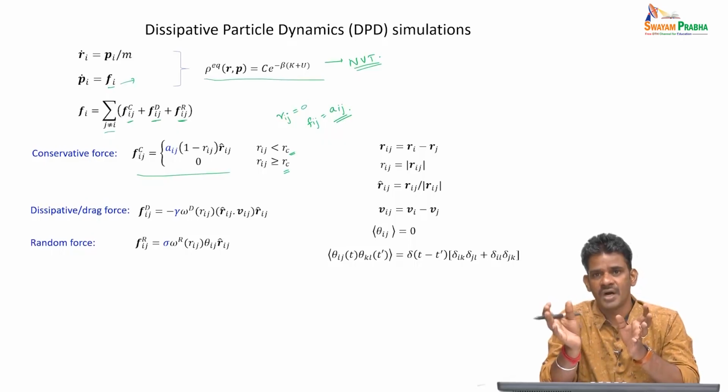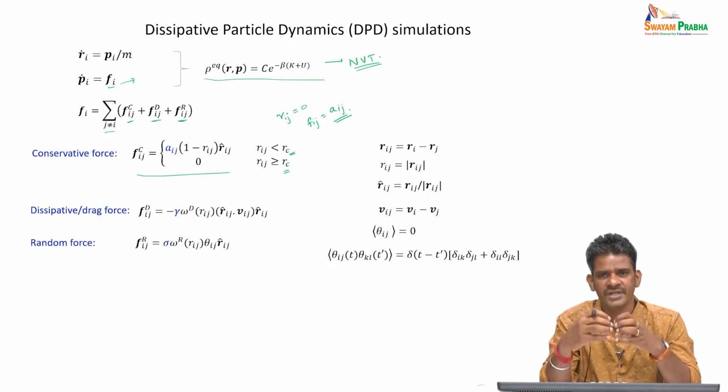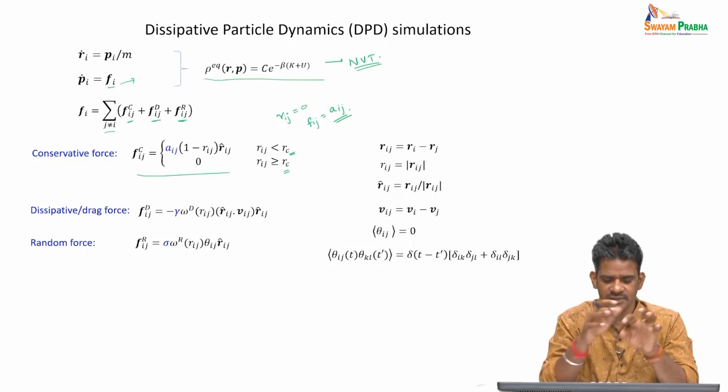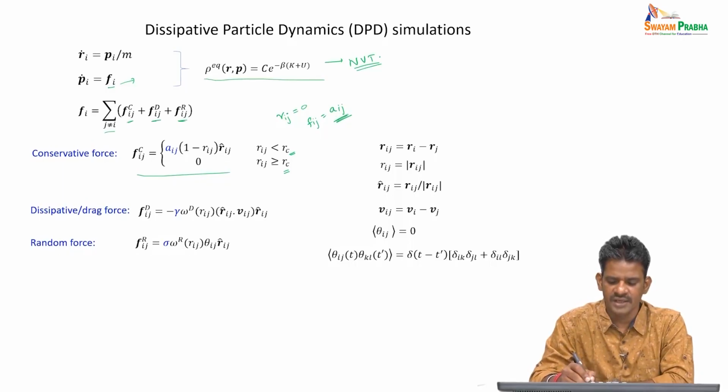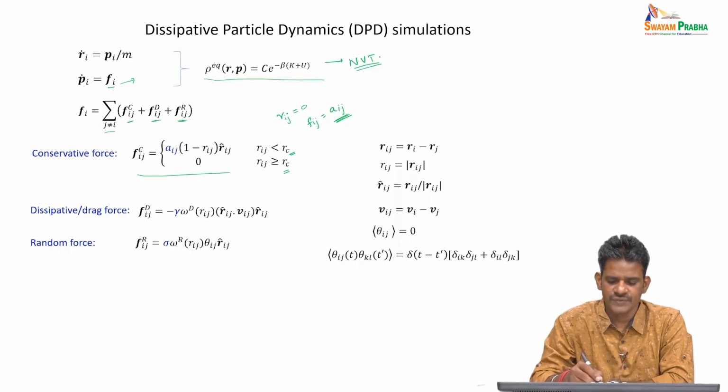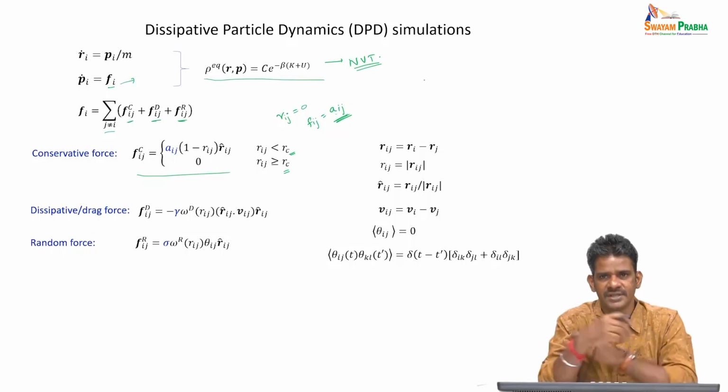This is very different from the hard sphere model, because in the hard sphere model the moment they touch, the potential goes to infinity, whereas in the soft sphere model we allow finite overlaps. In fact, when Rij is equal to 0, we are talking about two particles sitting on top of each other. Even in this case, the repulsion is given by Aij, which is a parameter that the user has to define. This force will decay from Aij to smaller and smaller values as the overlap becomes lesser and lesser.